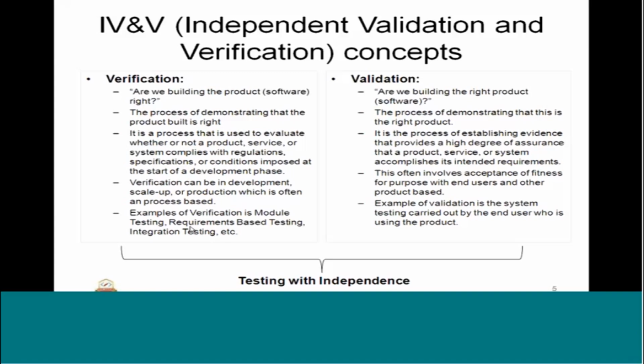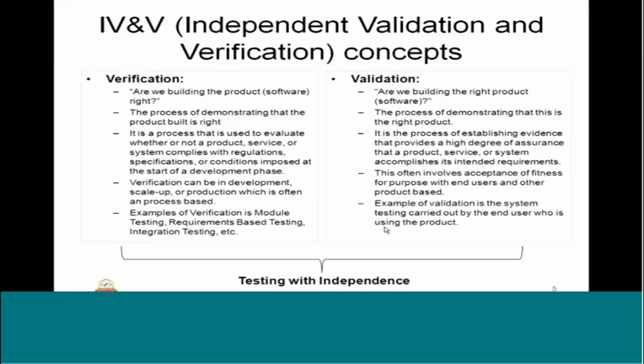Examples of verification are model testing, requirement based testing, and integration testing. That means all the primary inputs that are used are applied for verification purposes, to check whether the product that is built is correct. Whereas an example of validation is system testing carried out from the end user who is going to use the product.